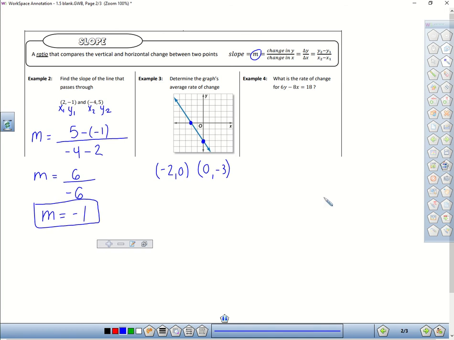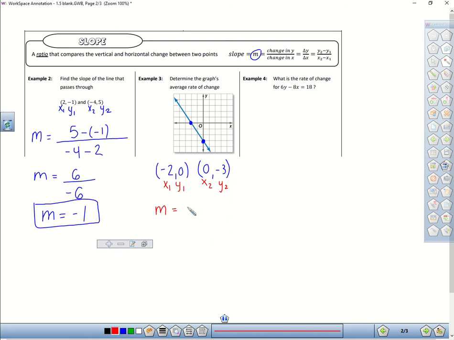Now, when you're dealing with a non-linear function and you want to determine an average rate of change, they're going to give you a span to use, like an x value from this value to that value, because the average rate of change is going to vary based on which section of the graph you're talking about when it's not a linear graph. Okay? So, now that I've determined these 2 points, I'm going to call one of them x1 and y1, x2 and y2, and I'm going to calculate the slope.